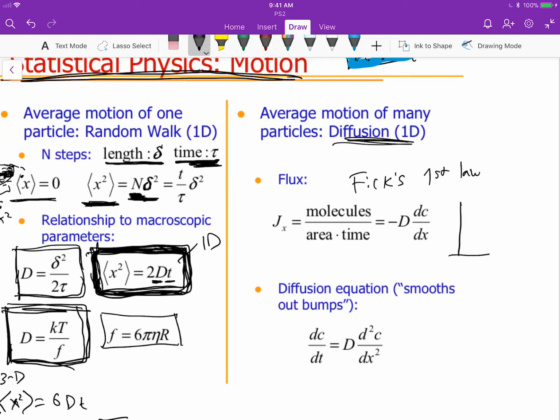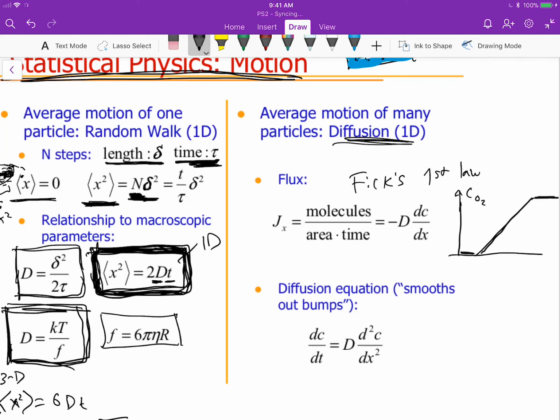Let's say you have a concentration of oxygen, and let's say this is in your lungs.